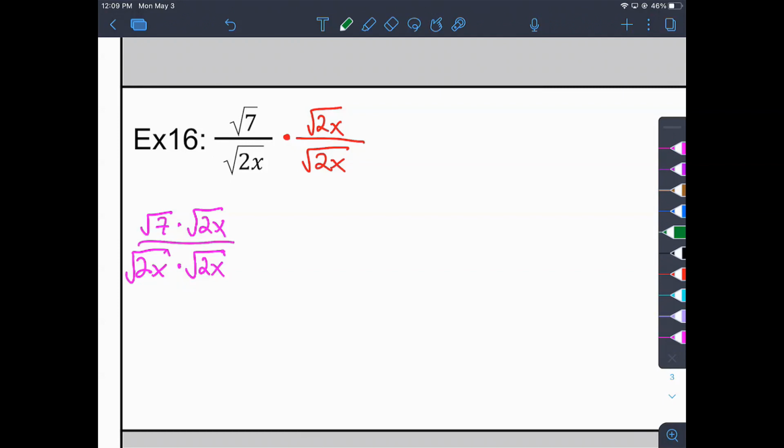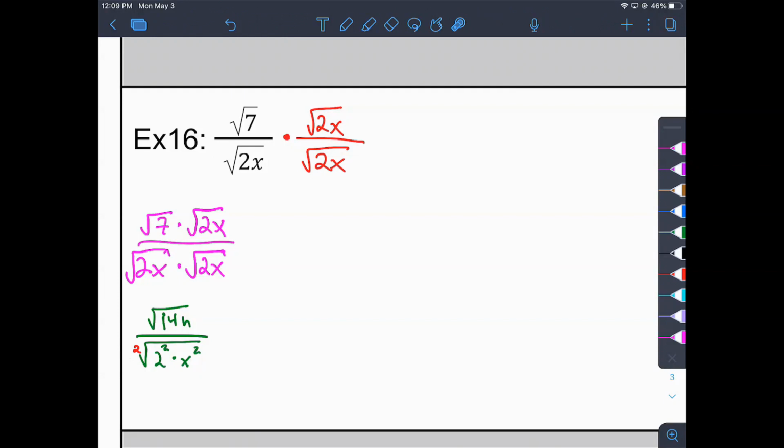That gives us, well, 7 times 2 is 14, so root 14x over, well, I can write it this way, 2 squared, because 2 times 2 is 2 squared, or 4, either one, and x times x is x squared. Now, if we remember, there's no index number written, so it's automatically a 2.